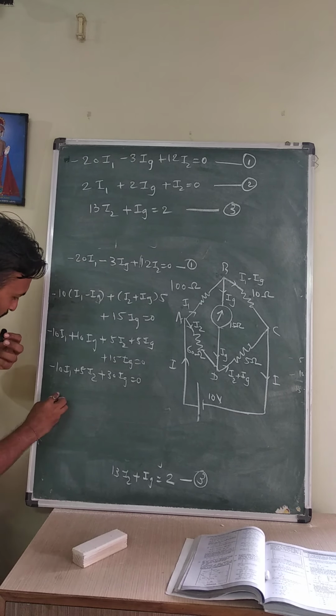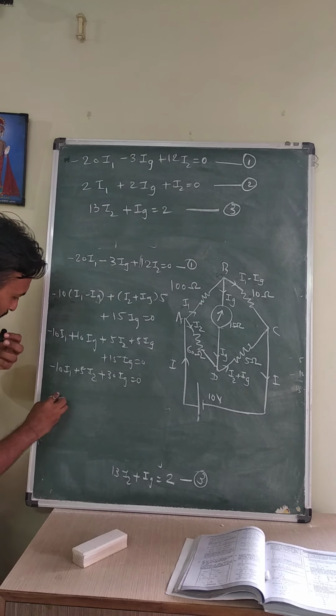So now we have these three equations with us, and we have to resolve them. So this is equation 1. Equation 1, is it minus 20 I1? Let me check.